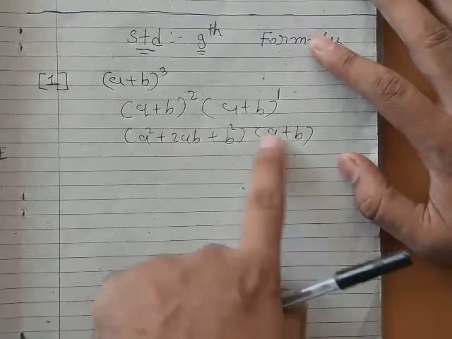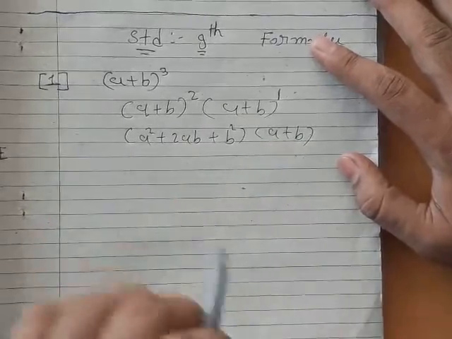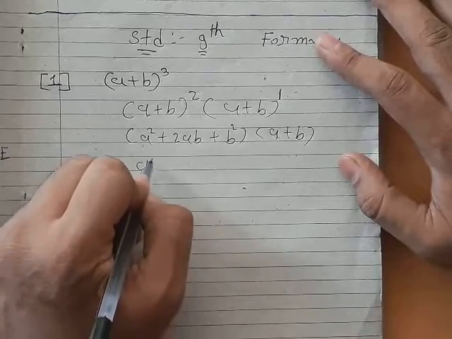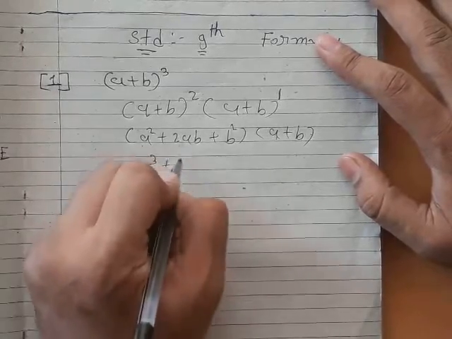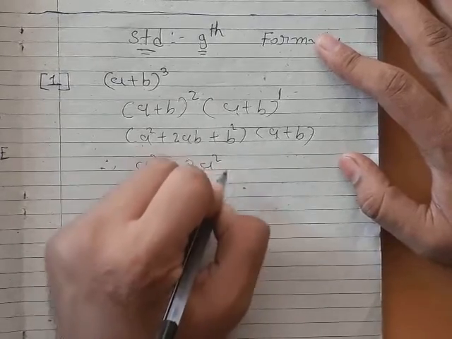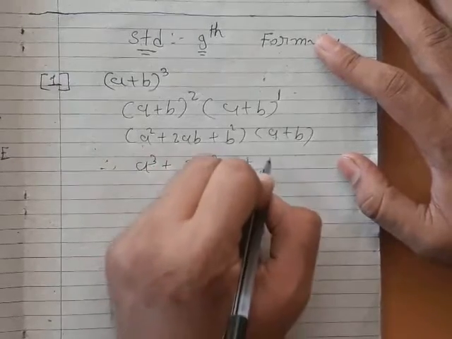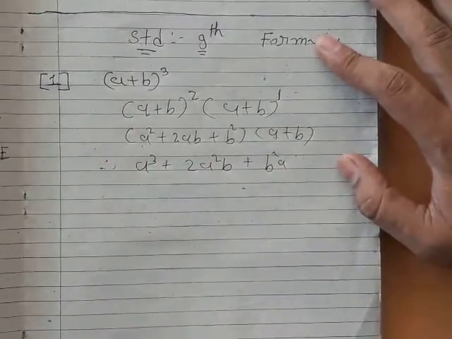Now if I multiply it inside, first of all we will multiply with a. So a into a square becomes a cube, plus 2a into a, that is a square b, plus b square a.